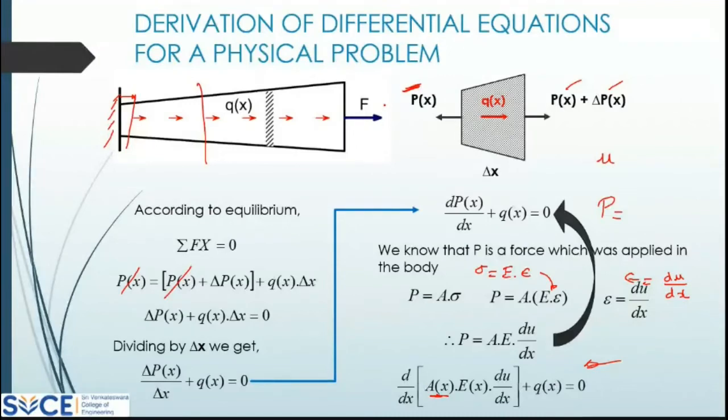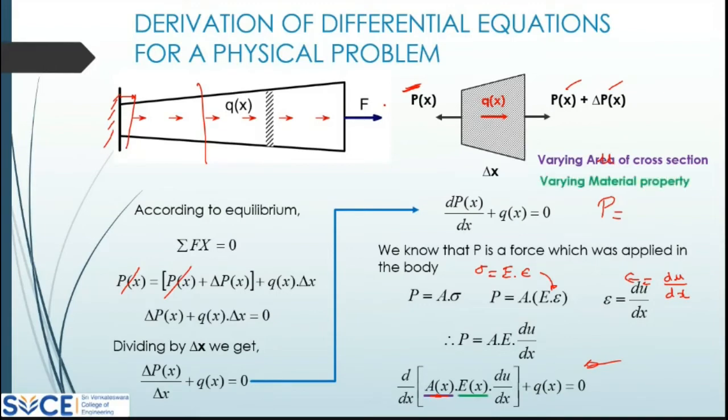If it is not so, you can just directly put it as E. So varying cross-section area is A of x and varying material property is E of x. So now we got this differential equation.